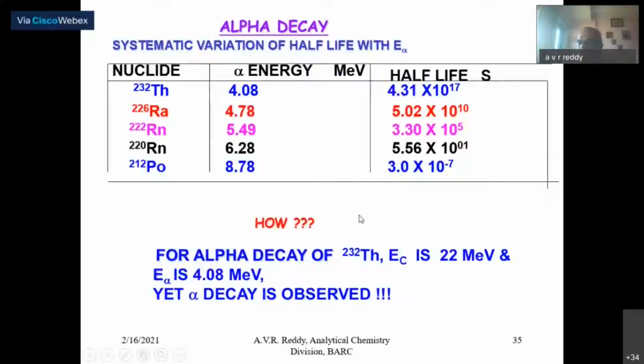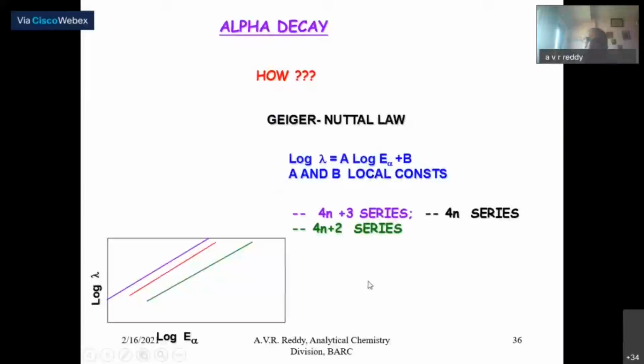Now, in the earlier days, only natural alpha emitters were available. Geiger and Nuttall compiled all the measured alpha decay energies. They could arrive at a relation between log kinetic energy of the alpha particle and log lambda.